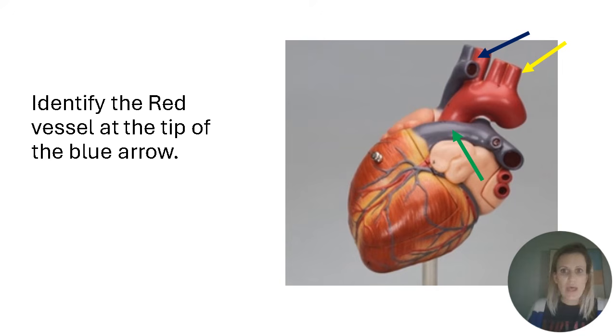The red vessel at the tip of the blue arrow. So we just mentioned this previously. Remember we said that you guys should know all three branches off of the aortic arch. And we said the first branch is the brachiocephalic trunk.